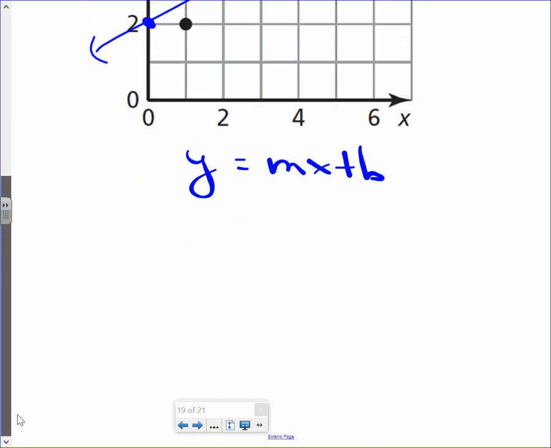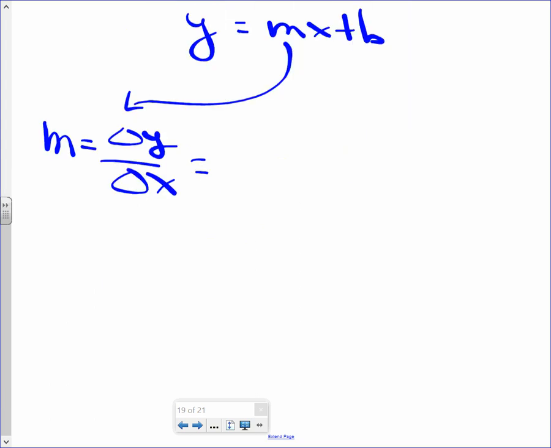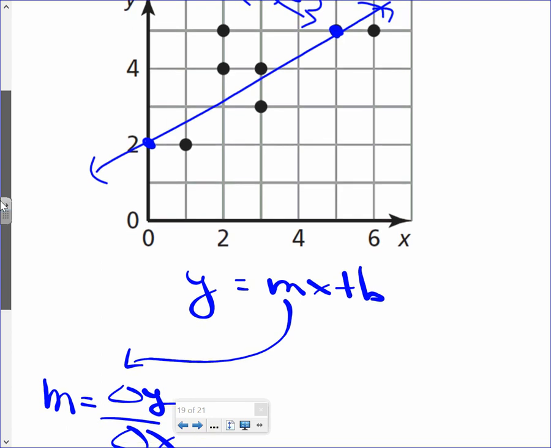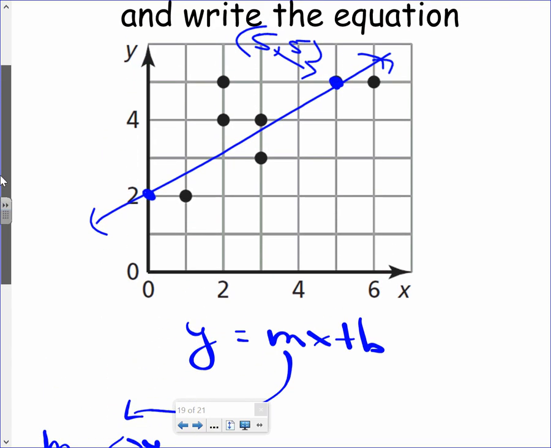Ready? Let's find the slope first. Delta y over delta x. We could do this in our sleep now. Castro's probably doing it in her sleep. Go ahead. One more time? You sure?